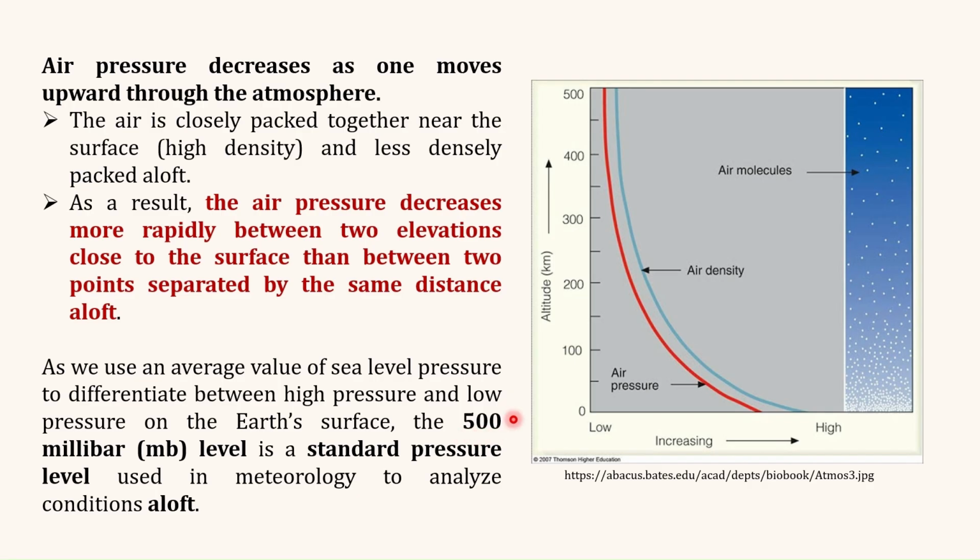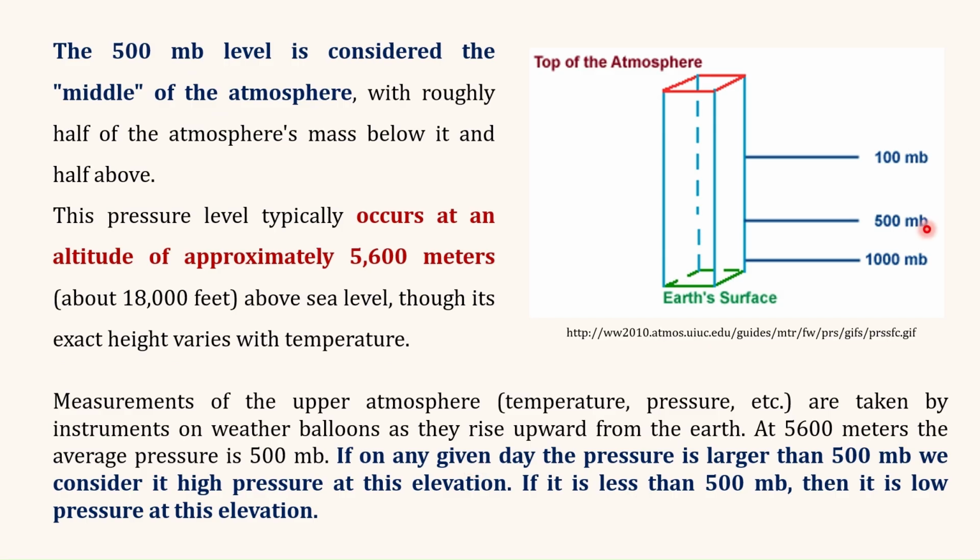This value is chosen as the standard pressure level because 500 millibar is considered as the middle of the atmosphere, with roughly half of the atmosphere's mass below it and half above it. And this pressure level generally occurs at an altitude of approximately 5600 meter, that is about 18,000 feet above the sea level, but its exact height varies with the temperature of the atmosphere.